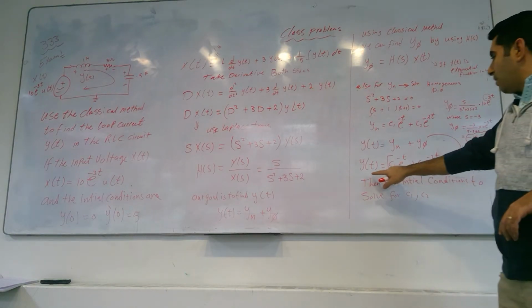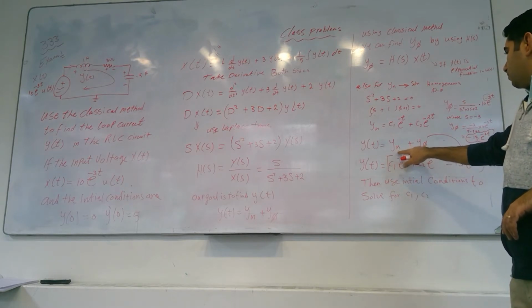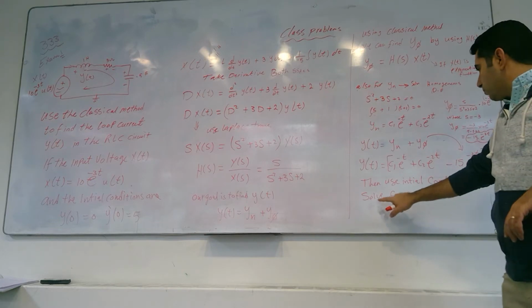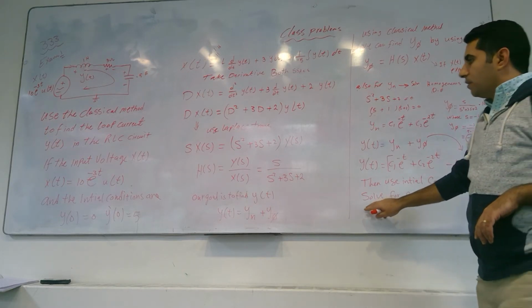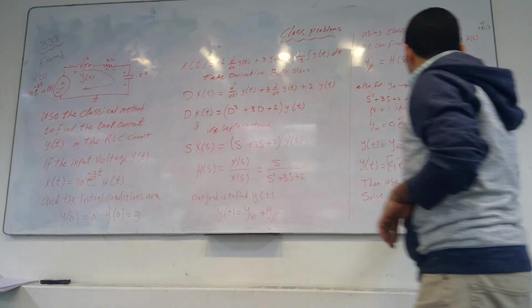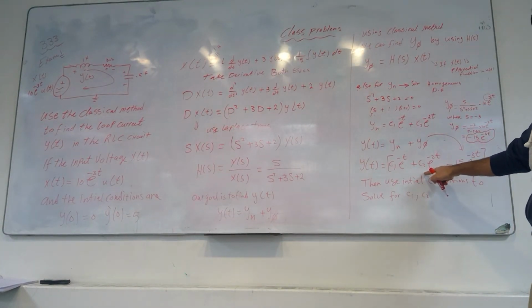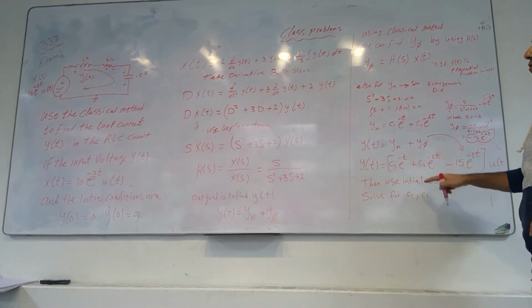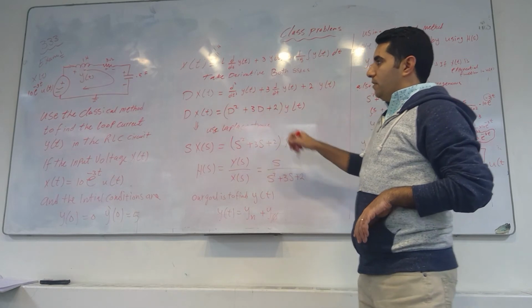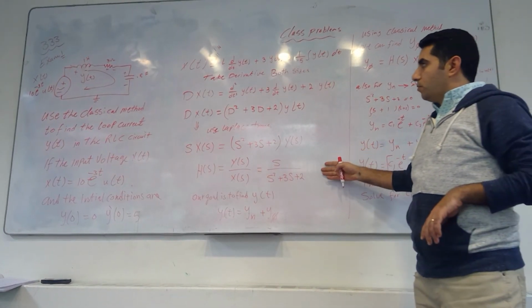So our output, the loop current, is equal to the summation of the natural plus forced response times u of t. You can use the given initial conditions to find the constants c1 and c2. So this problem is much easier if you approach it using this classical method when the input is an exponential function times u of t.